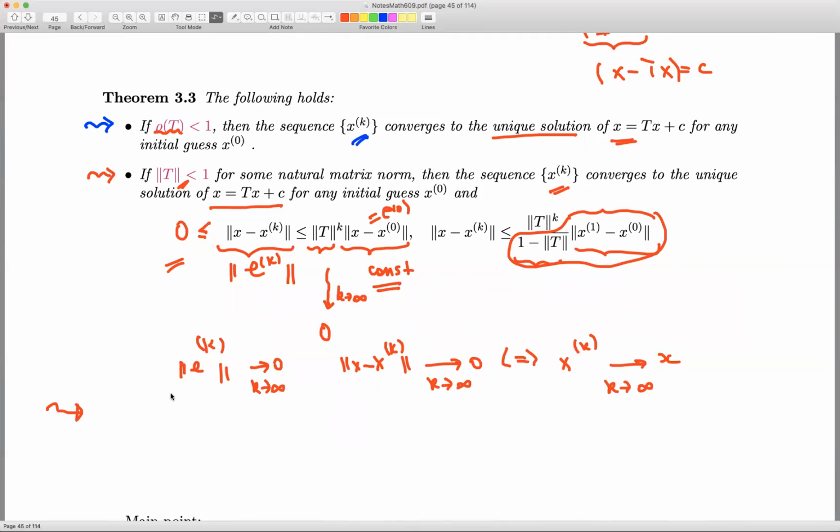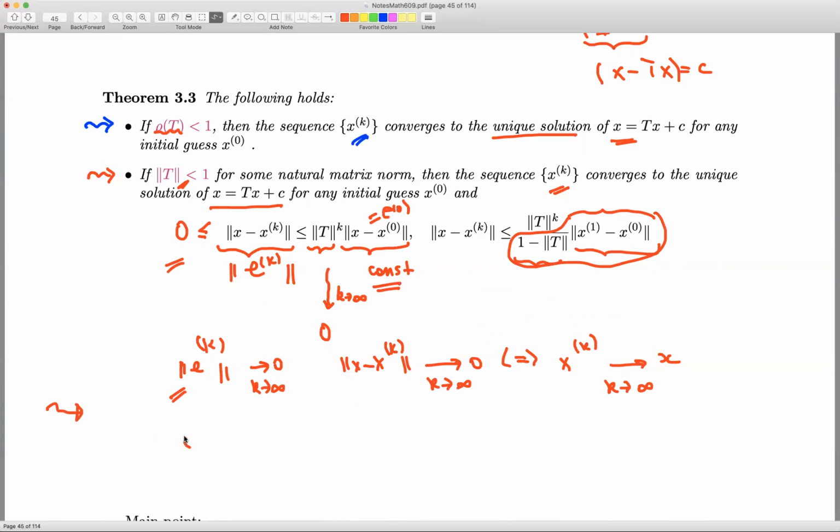So if we look at this norm here, which is a vector norm applied to the error, which is associated to this natural matrix norm, then this vector norm will be equivalent, for example, to the L infinity norm.